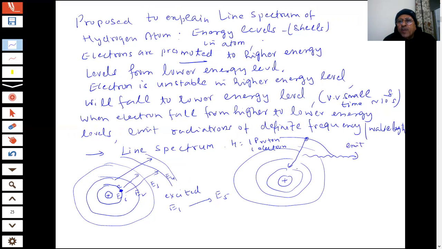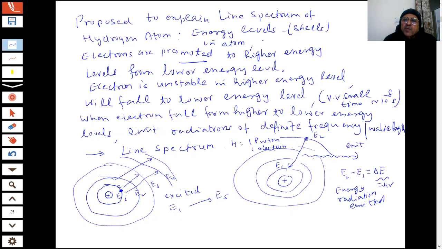Supposing this is E1 and this is E2. Then E2 minus E1, delta E. So this much energy radiation will be emitted, student. And we know already this is equal to h nu, where nu is the frequency of the radiation.